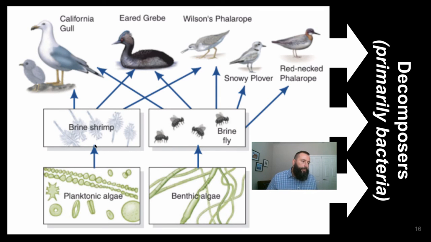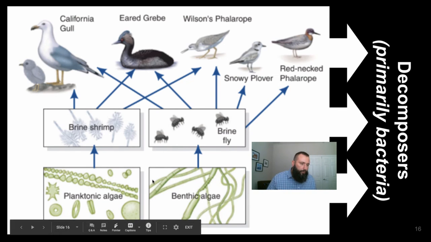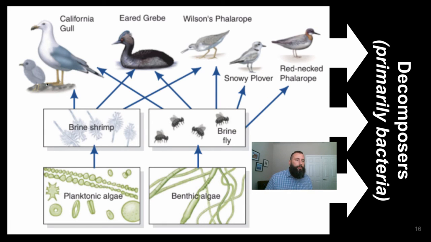This arrow represents the flow of energy and matter from one trophic level to the one above it. And then from there, the primary consumers are consumed by the secondary consumers, right? Sometimes ecosystems are able to handle a tertiary consumer level, but not here in this case.